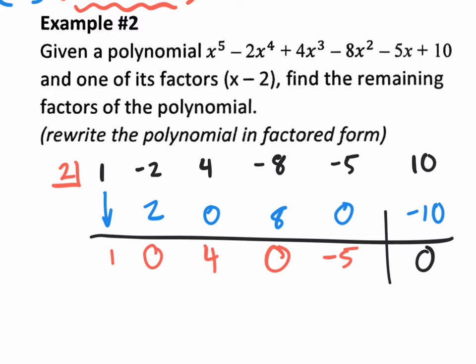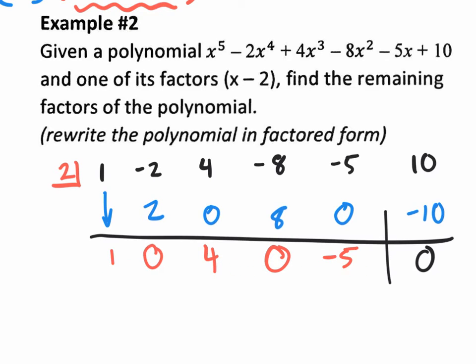Why not? Because they told me that's a factor. They told me one of the factors is x minus 2. I mean, it better be 0. If it's not 0, I did something wrong, or they're lying to me. This is not a factor. You guys agree with that? Okay. So all I did was verify this is a factor, but more importantly, I could now write my depressed polynomial with these remaining numbers.